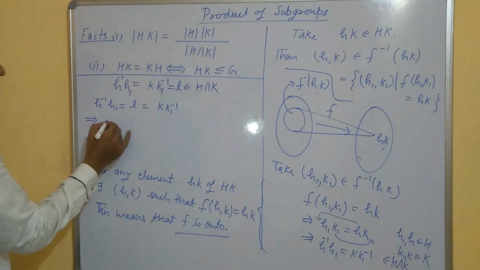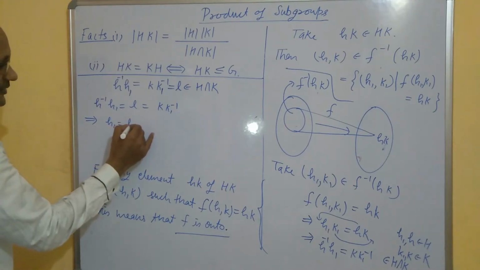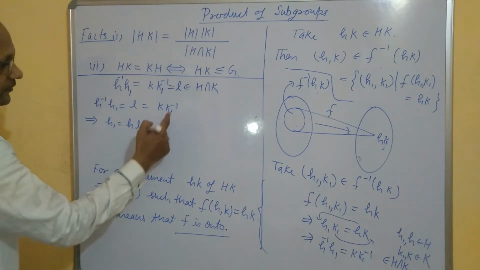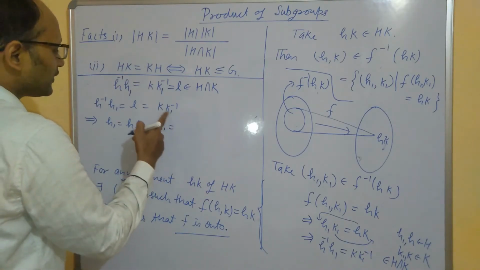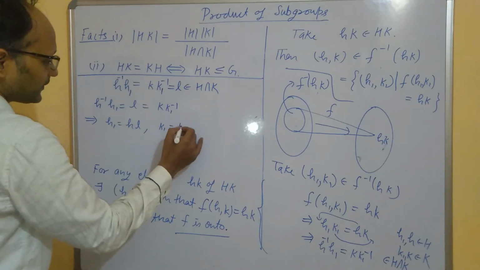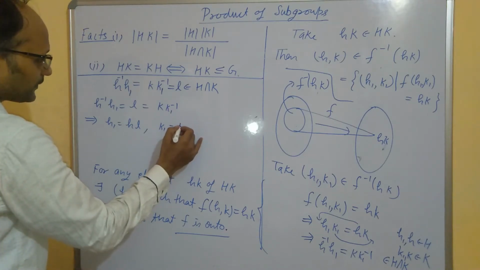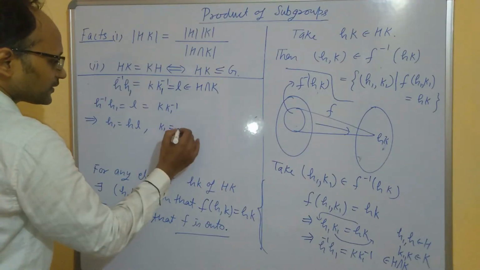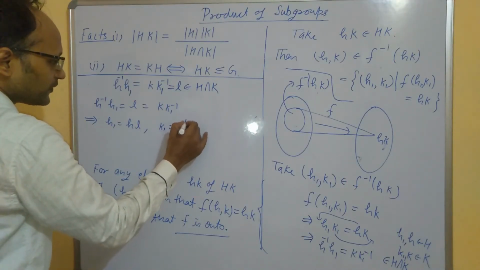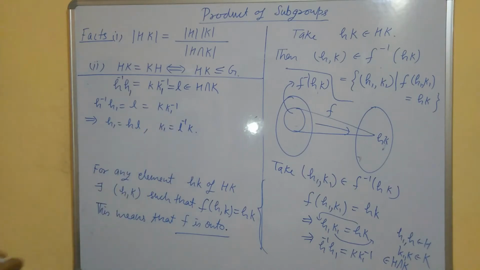So this implies h1 is equal to hL, and from here we can write k1 as equal to L inverse k. So we can write it like this.